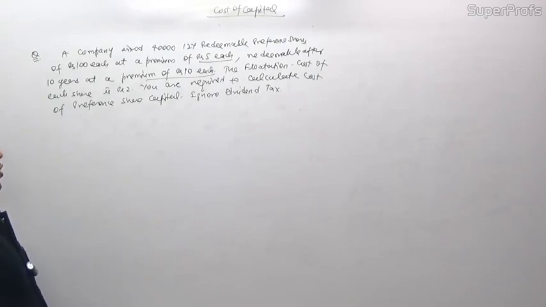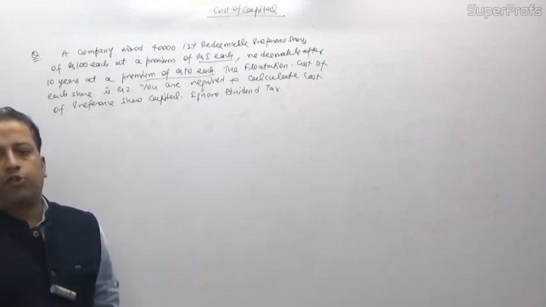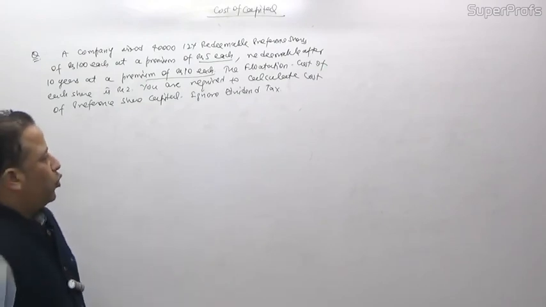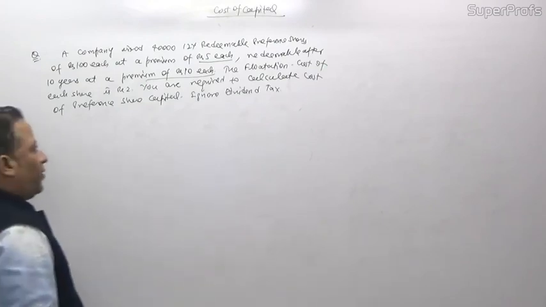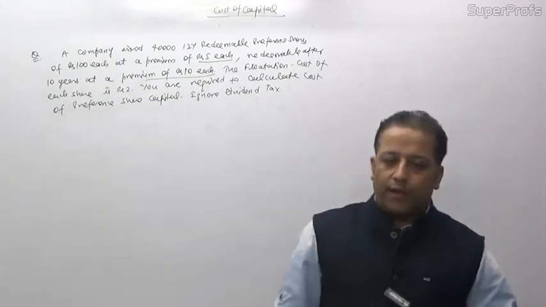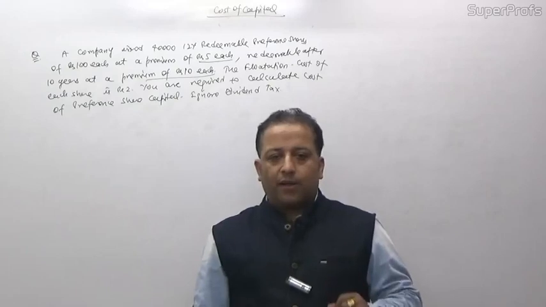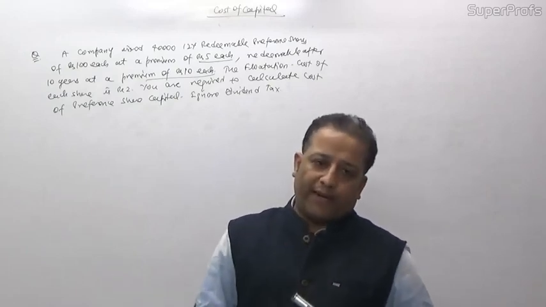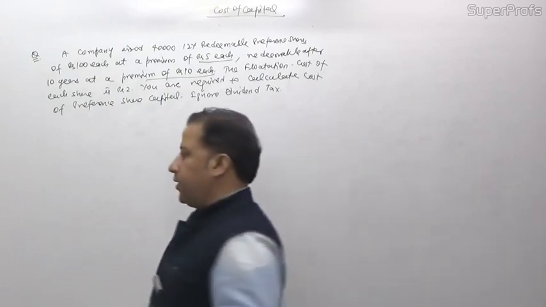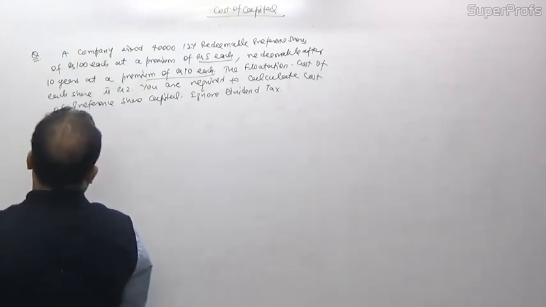The flotation cost of each share is rupees 2. You are required to calculate cost of preference share capital. Ignore dividend tax, means the amount of corporate dividend tax is nil.